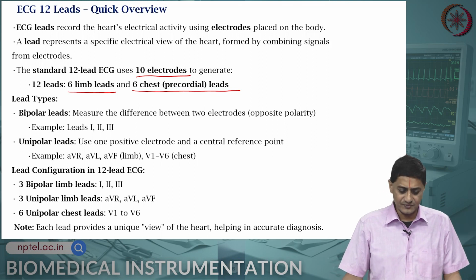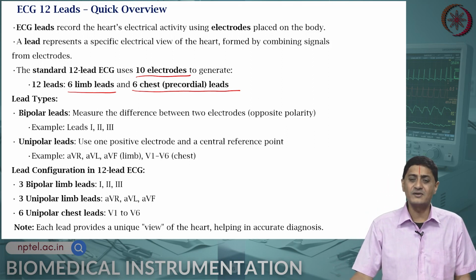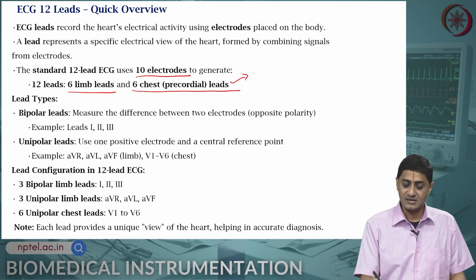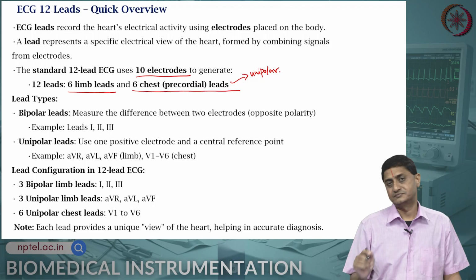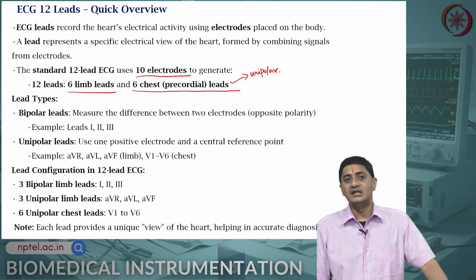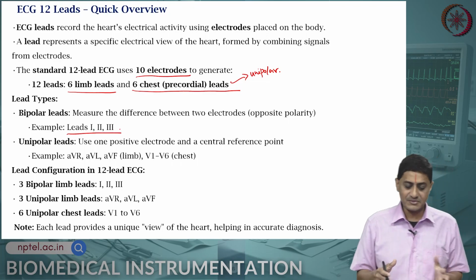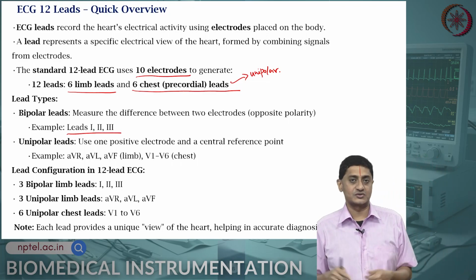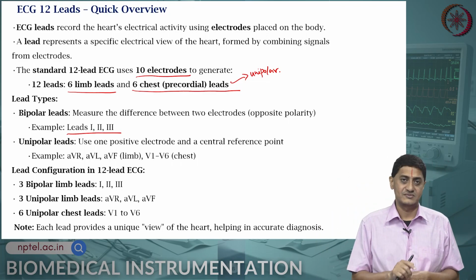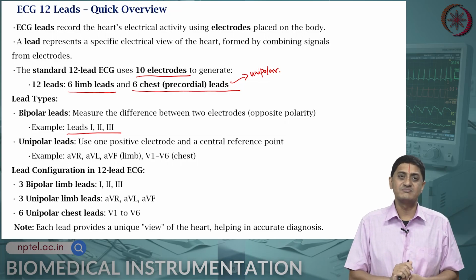Note that the 6 precordial leads are unipolar leads. Lead 1, lead 2, lead 3 are bipolar leads. These measure the difference between 2 electrodes, differential, of opposite polarity.